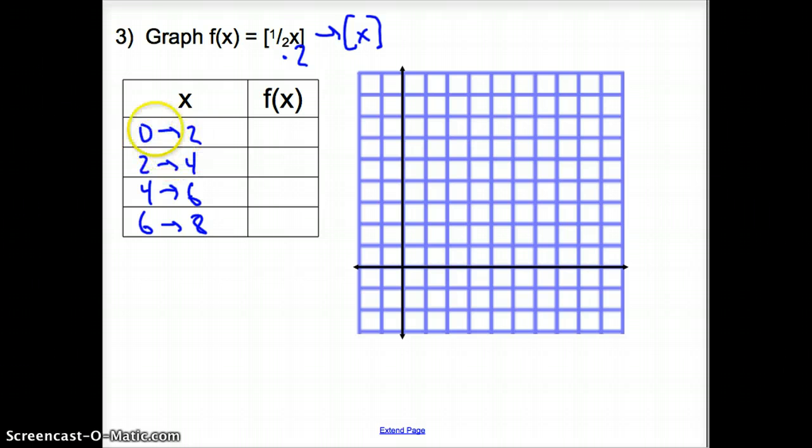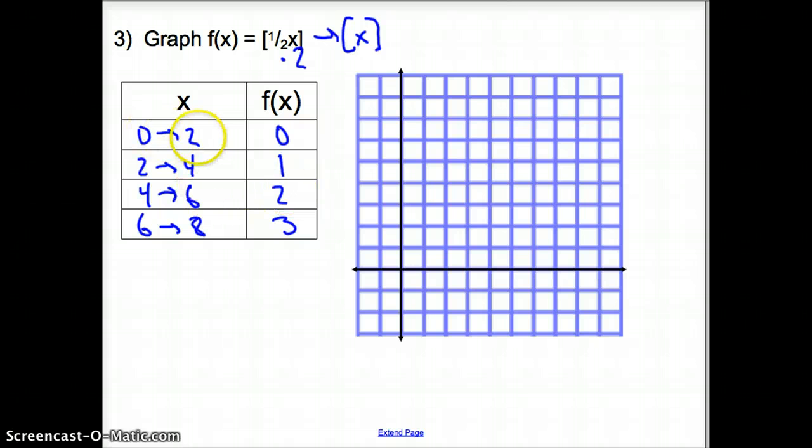You can plug anything from 0 to 2 in for x, and you would have to round down to 0. You would plug anything from 2 to 4 in for x, and you would have to round down to 1. Then you go from 4 to 6. Anything in that value would be 2, and anything in this value would be 3.